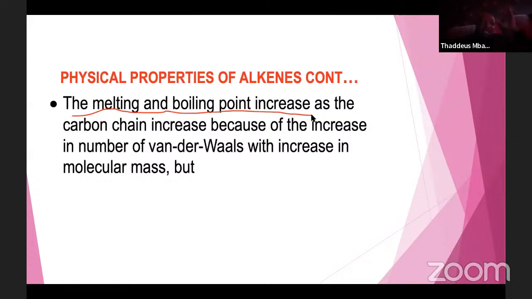That statement applies from alkanes all the way to alkanoic acids. Remember, this is a common thing. It will apply for all organic compounds: the melting point and boiling point will increase with increase in the carbon chain. That is from ethene to propene to butene to pentene.